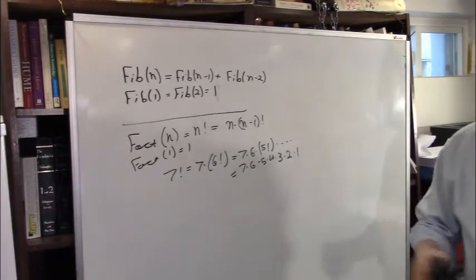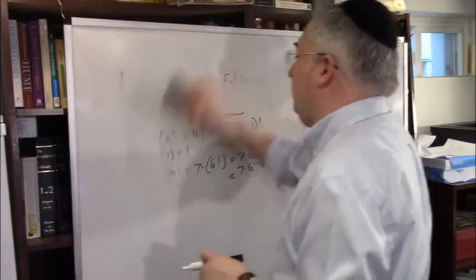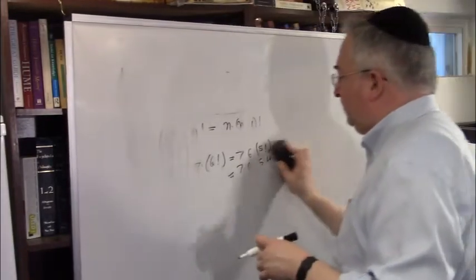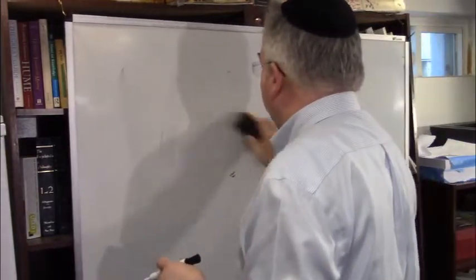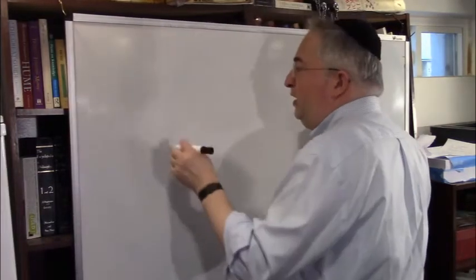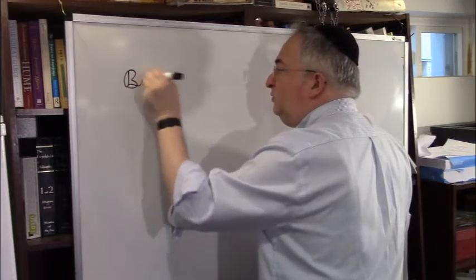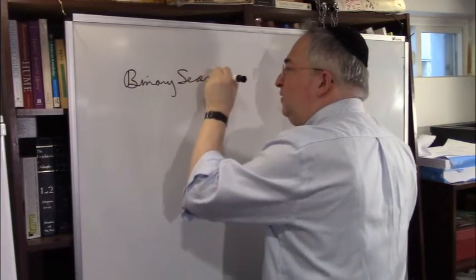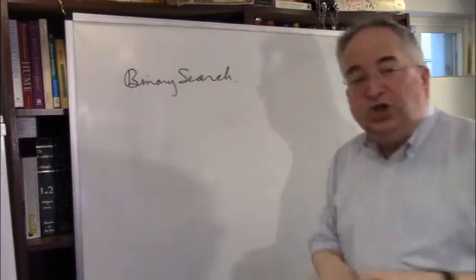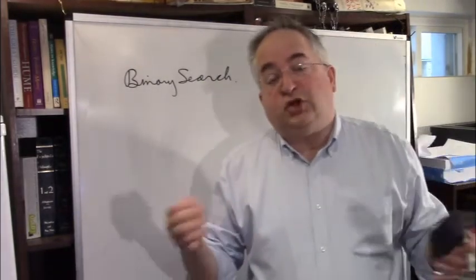Let's talk about something else you probably saw in first semester programming, which we'll bring in as an example of recursion. If you do a binary search, you have a giant array, the array is ordered, and you want to search for somebody.